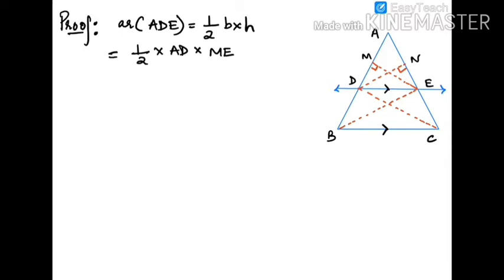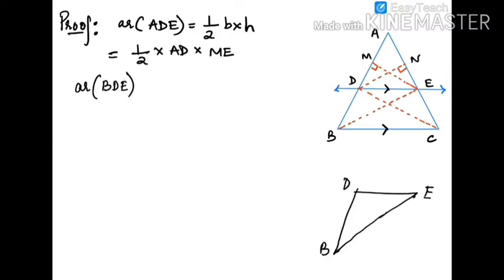Now let's find the area of triangle BDE. I have drawn the figure separately for you to understand. Notice that angle EDB is an obtuse angle.